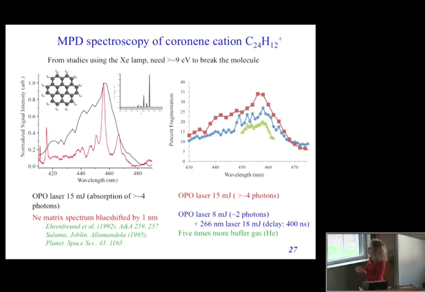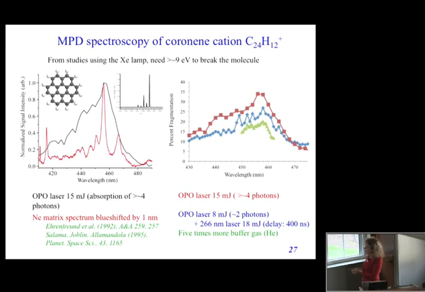The red one here corresponds to the black one here, and the blue and green were attempts to combine the OPO laser with the UV laser we have, which is a quadrupled YAG at 266 nanometers.